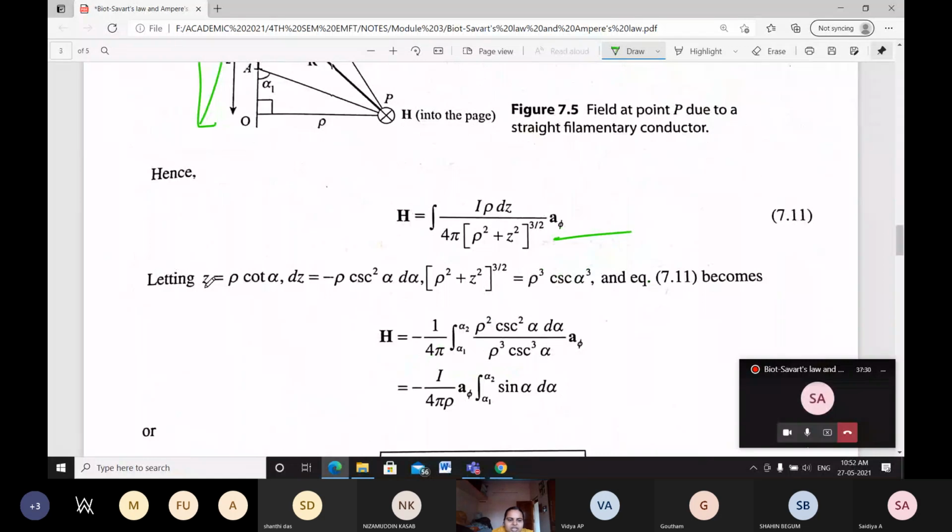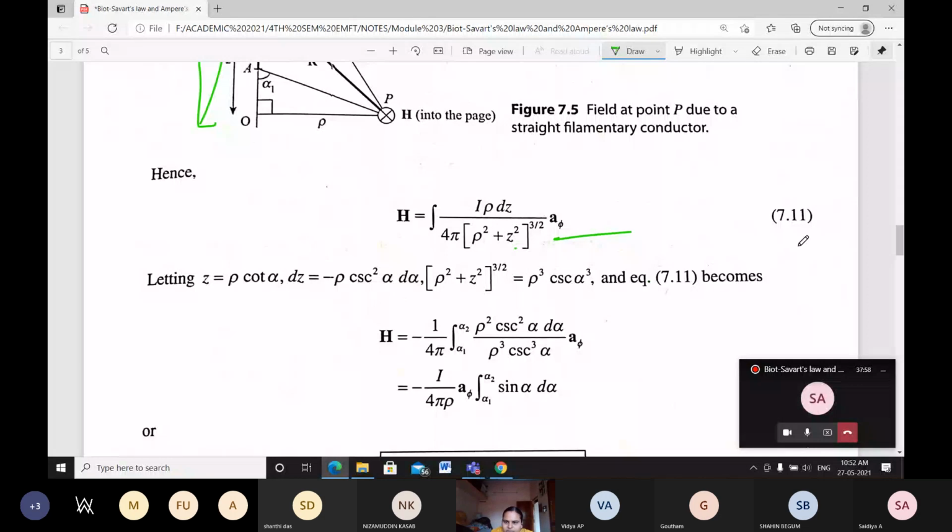Next, let z be taken as rho cot alpha. Then the differentiation of that, dz, is minus rho cosecant square alpha d alpha, and (rho square plus z square) power 3 by 2 is rho cube cosecant cube alpha.